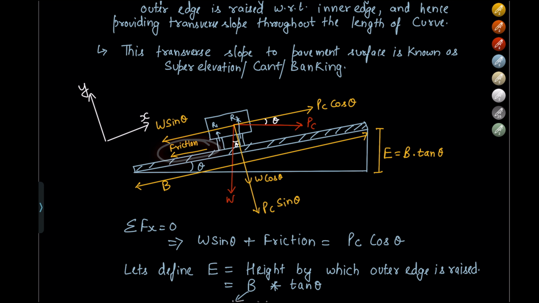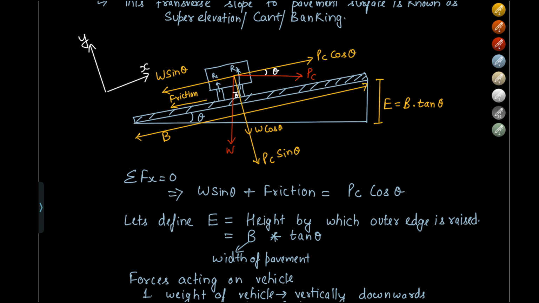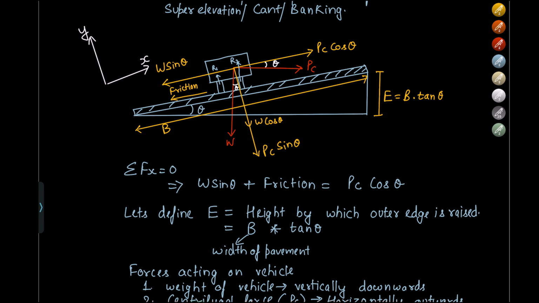So friction would be equal to the perpendicular component acting upon the vehicle, W cos theta as well as Pc sin theta, multiplied by f, that is the friction coefficient, which gives the frictional force, right?